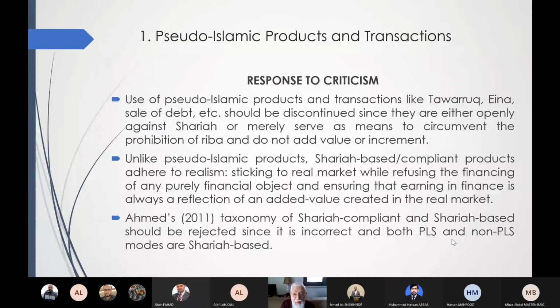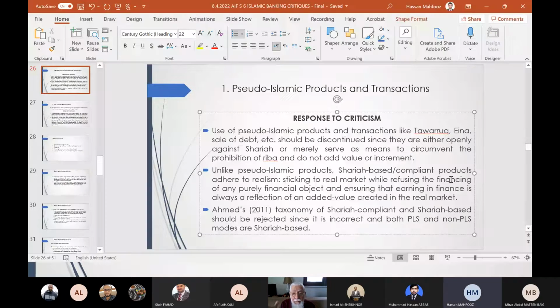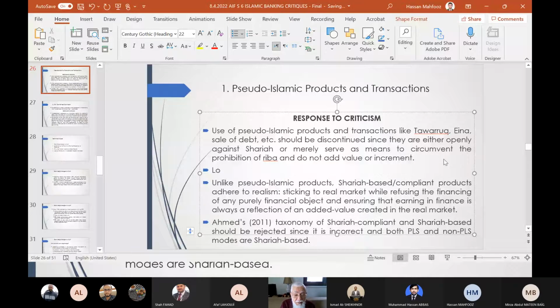But we cannot base it only on that. We have to base it on the principles of Islamic finance and how they are to be implemented, and both Ina and Tawarruq are dominant in many Islamic banks.